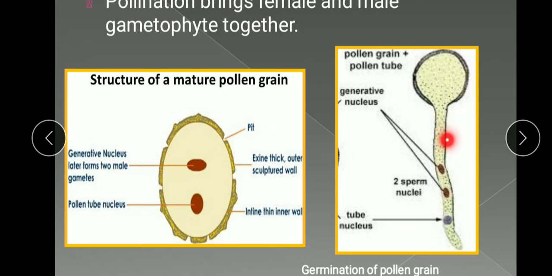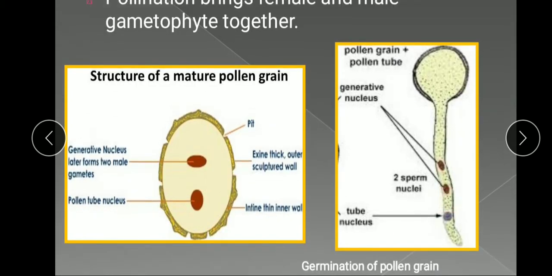Now this long pollen tube reaches through the stigma, goes through the style towards the ovary, and produces chemicals, like calcium. These chemicals dissolve the tissues of the style, because the style is solid, so its tissues are dissolved by the chemicals secreted by the pollen tube, and it makes its way through the style. The tip of the pollen tube enters the ovary through the micropyle.